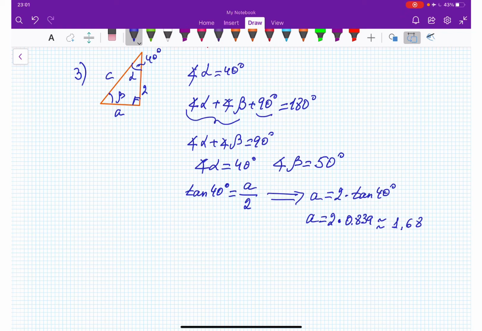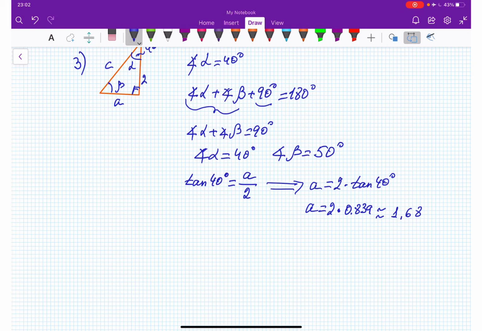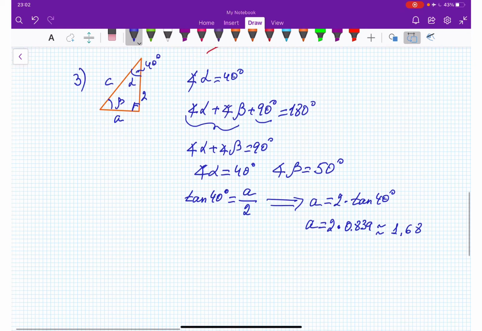Now we need to find also hypotenuse C. How can I find the hypotenuse? I can go through angle beta or through angle alpha. Let's go with beta this time.